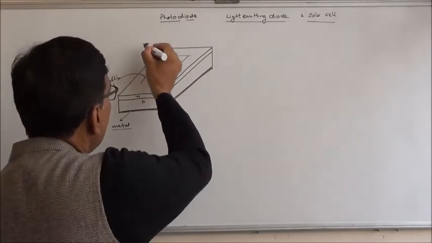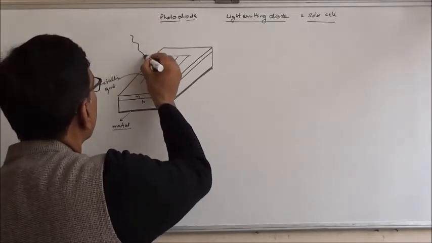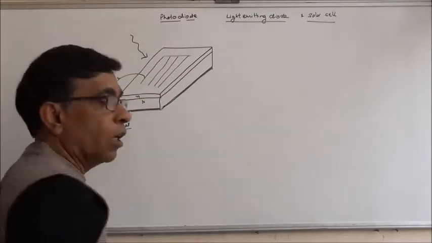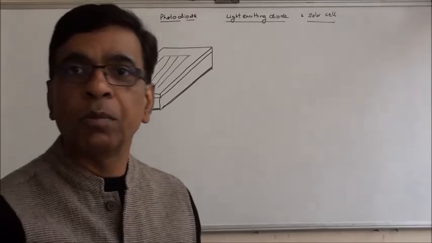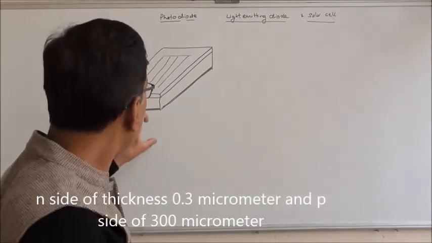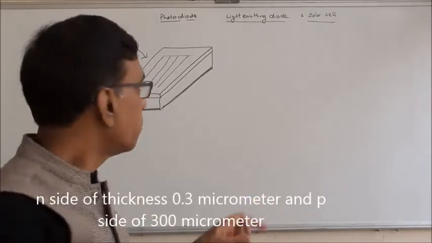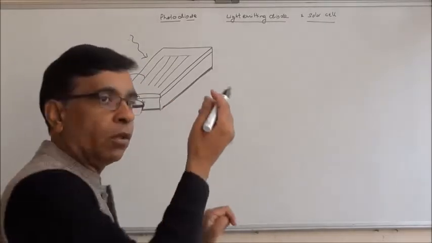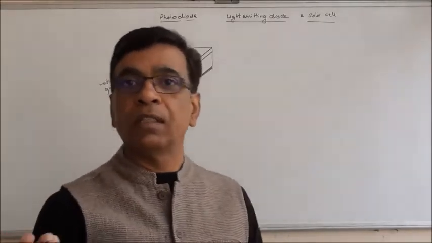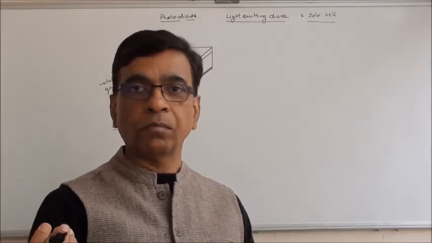Now when the radiations fall onto this junction, again a number of electron hole pairs are produced due to the electric field at the junction. The N side we know has positive charge, the P side has negative charge.